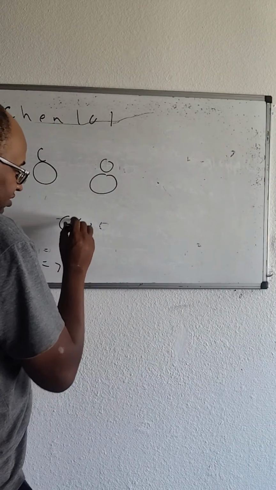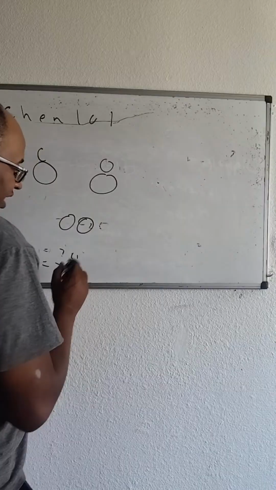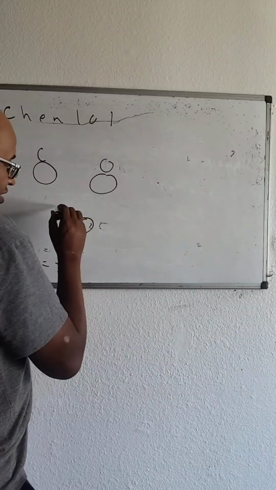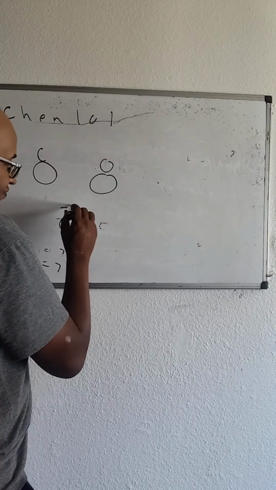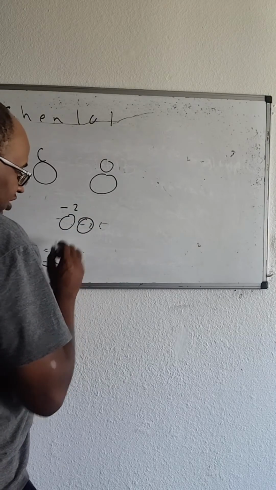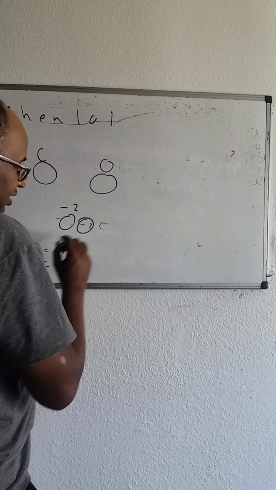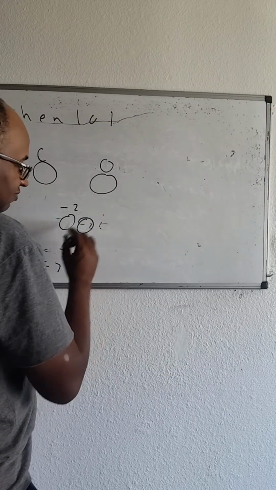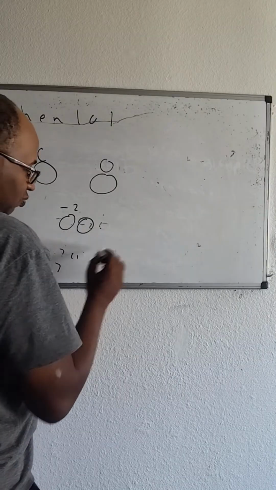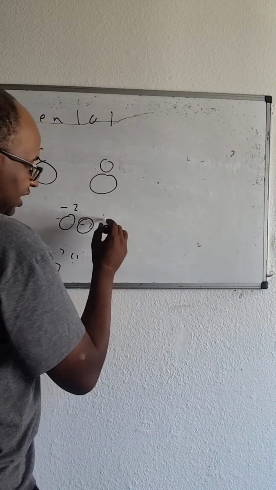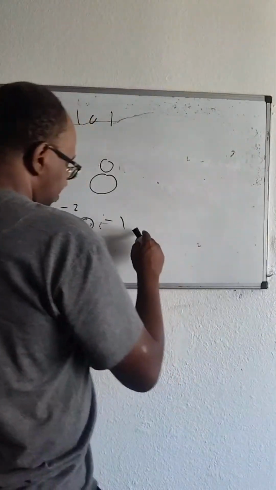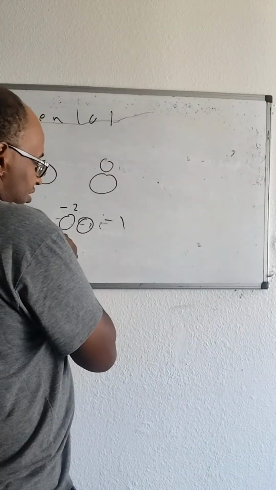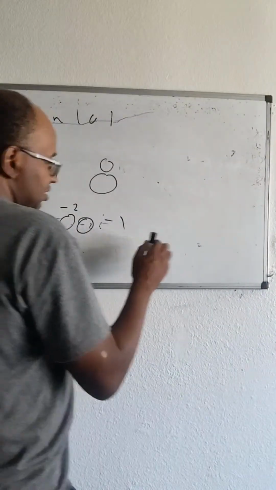So they're going to react. And what's going to happen is it's going to give up 2 electrons, right? So with 2 electrons, that's going to make it a negative. So we say a negative 2 charge. And the other is going to give up 1 electron, so that's going to be a negative 1. So these charges have to balance out. So remember, they have to balance out, right? Negative 2 right here, and it gives an electron.